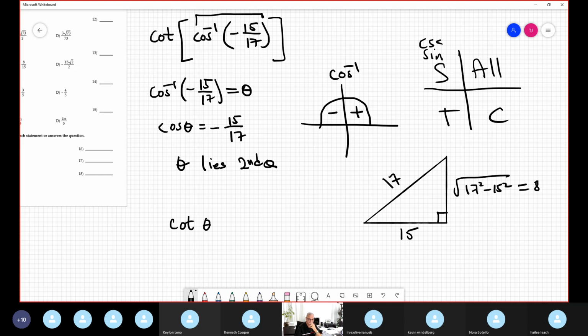It's okay, everyone understands. Cotangent is the ratio between adjacent divided by opposite: 15 over 8, right? We discussed before that the answer is negative because it lies in the second quadrant, and any cotangent of an angle in the second quadrant is negative. I know this fact very well.